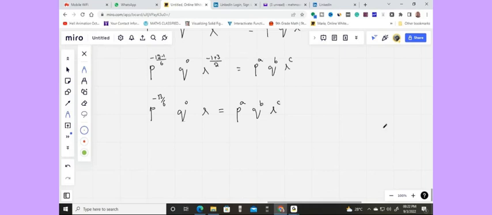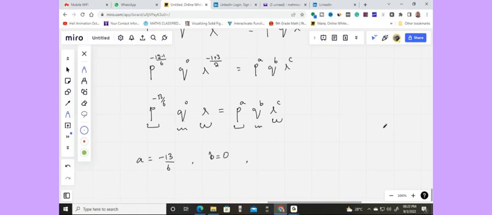Now you see at both sides, compare the powers of the like bases. So you see, a is minus 13 by 6. b is 0.